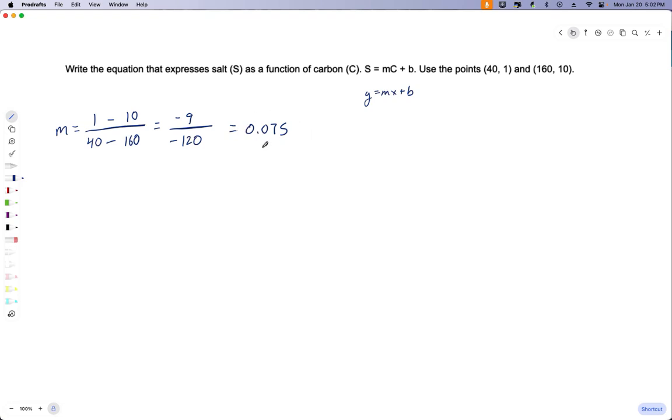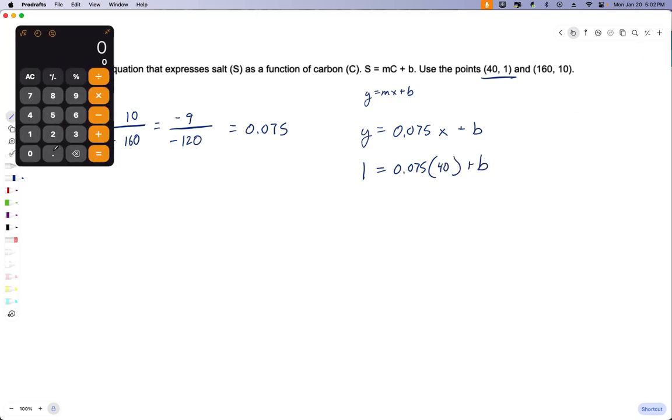All right, so that's our slope. So we would say y is equal to 0.075x plus b. I'm going to take this point just because it's got the smaller numbers in it, so it's easier to multiply. So 1 is equal to 0.075 times 40 plus b. 0.075 times 40, that's 3. 1 is equal to 3 plus b.